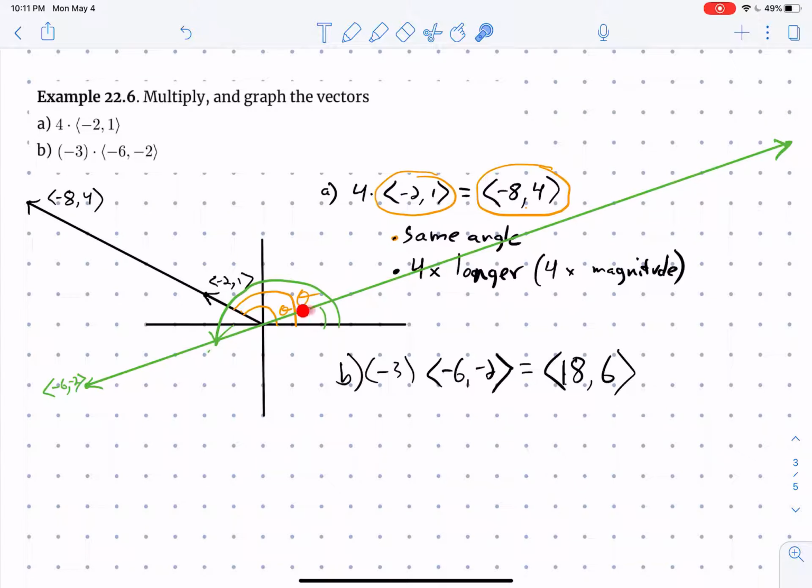And the 3 means that this guy is 3 times longer than this one. If you look at the distance here, that's about 1 of those, 2 of those, 3 of those. If you were to do that carefully with a ruler, you would see that it's exactly 3 times, and the effect of multiplying by a negative means it goes in the opposite direction. So let's make a note of it. This is the opposite direction, and it's 3 times longer, 3 times the magnitude.